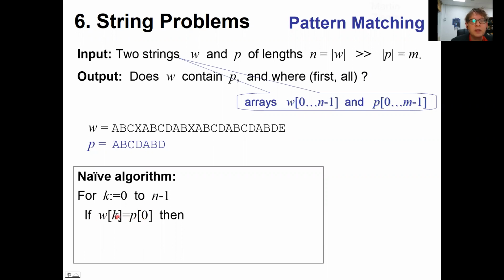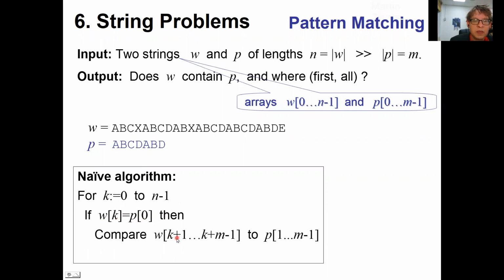See whether this agrees with the current character of the string, and if so, then compare the remaining characters of the pattern, whether they also occur in order, in sequence, in the input string.